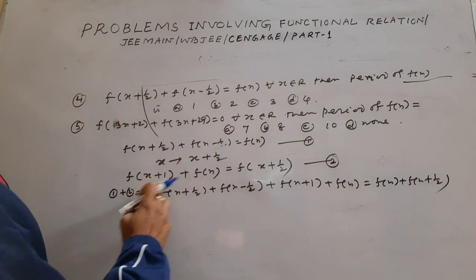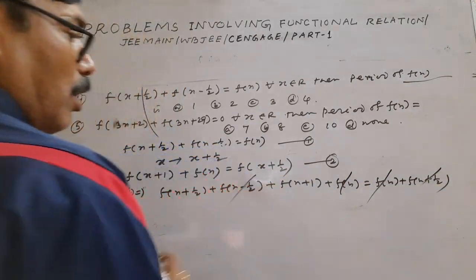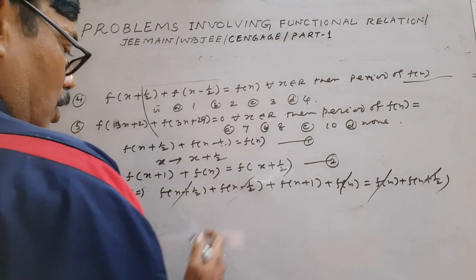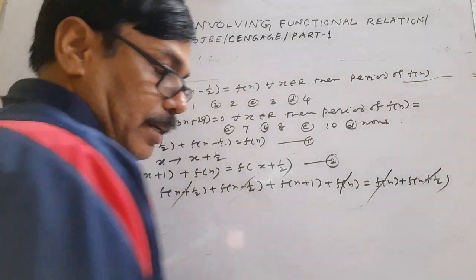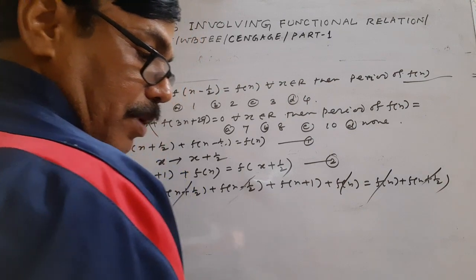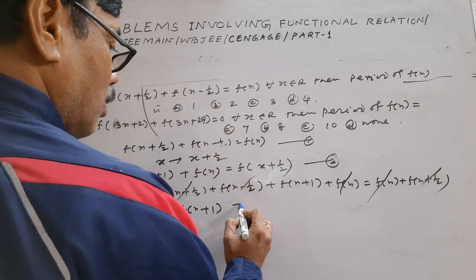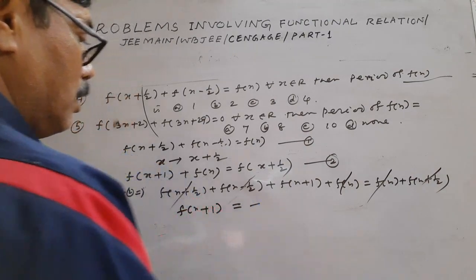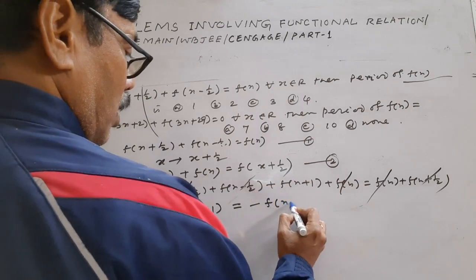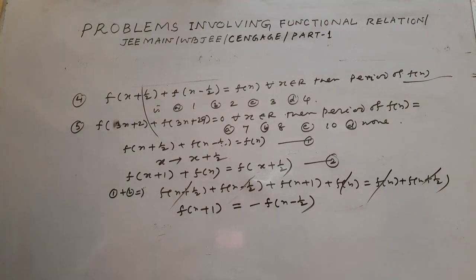So f(x) cancels, f(x plus half) also cancels out. Finally we are getting f(x plus 1) equals minus f(x minus half).